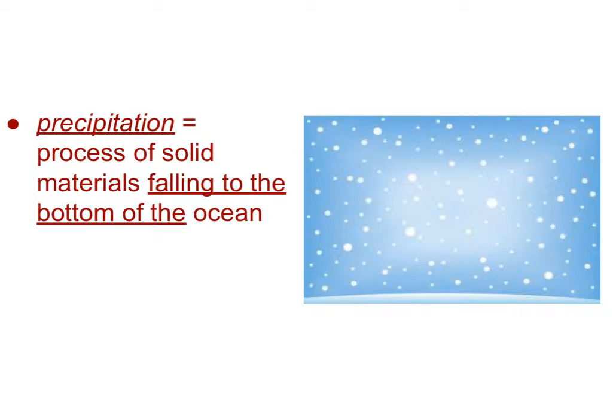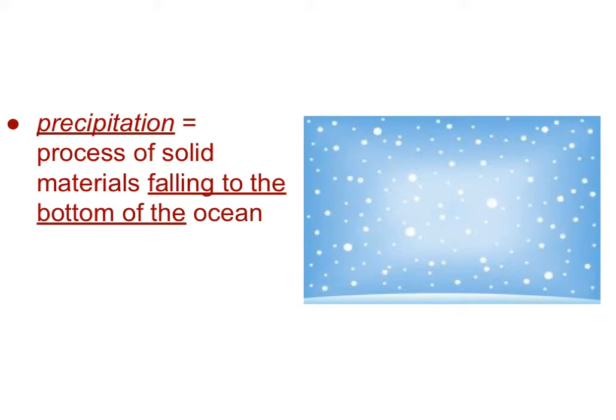Now, a term that you might not be familiar with in this context is precipitation. You're probably familiar with precipitation being snow or rain falling through the air, but in this case, we're talking about the process of solid materials falling to the bottom of the ocean through the ocean water. It's the same kind of process.